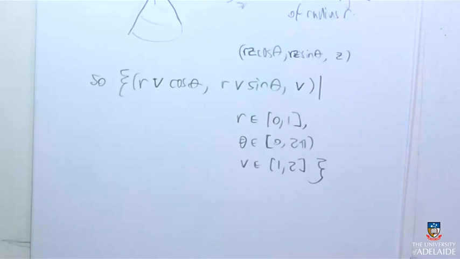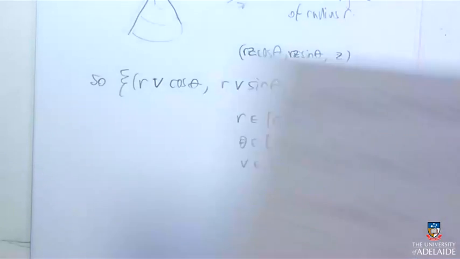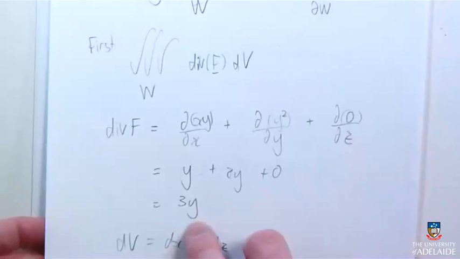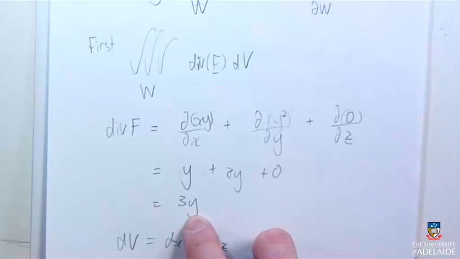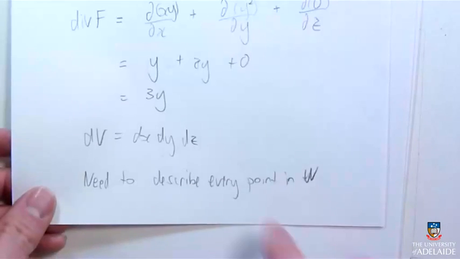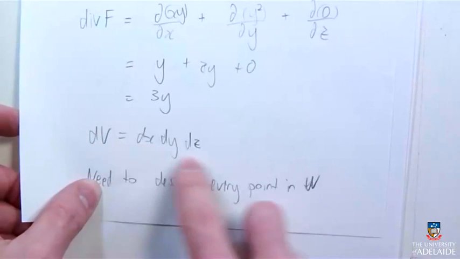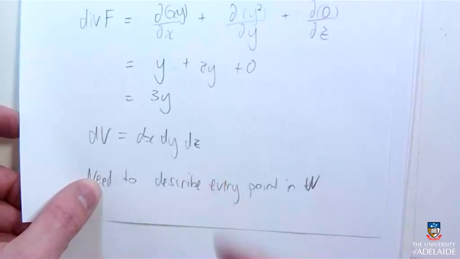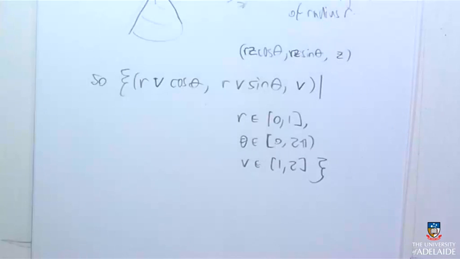So what that means is I'm going to have to switch all my variables, right? My original function was written in terms of x and y. It's 3y here. And my dV was dx dy dz. So I'm going to have to transfer everything to be in terms of r, v, and theta, in whatever order I think is best.